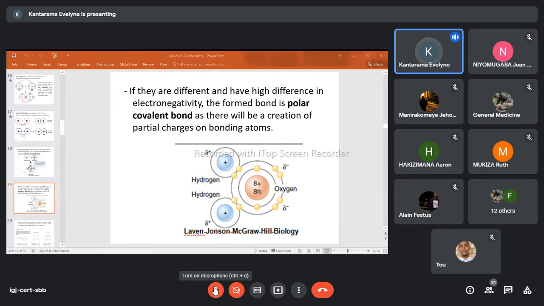We have at least 4: hydrogen bonds, van der Waals forces, hydrophobic interactions, and electrostatic interactions. This is very important. Always try to remember this, because in structural biochemistry, most of our talk will be based on those 4 kinds of interaction between molecules. Now let's see hydrogen bonds.